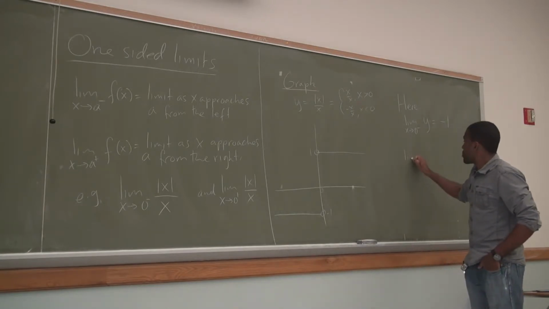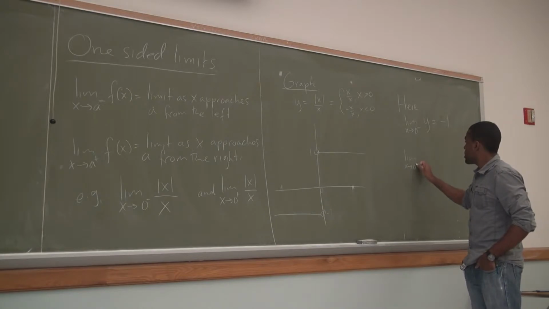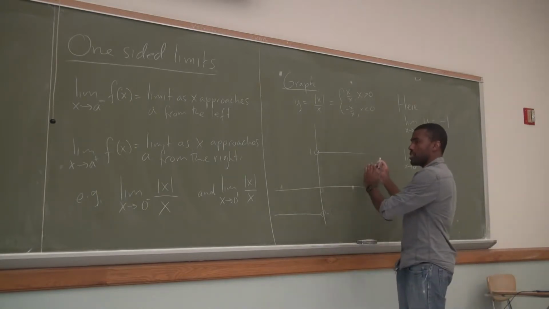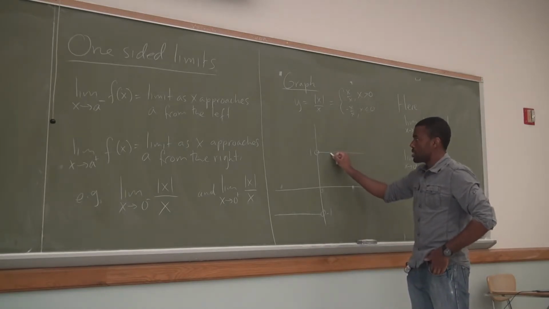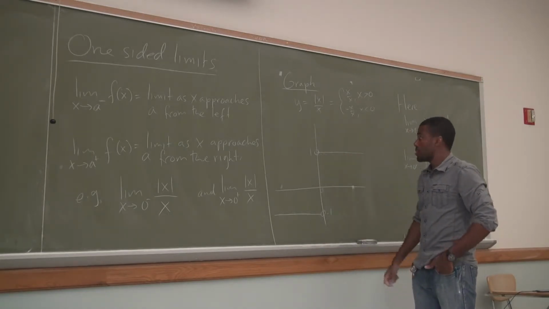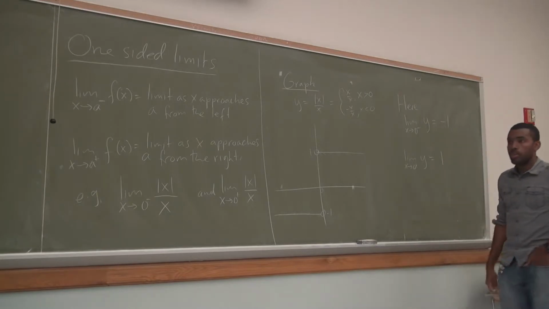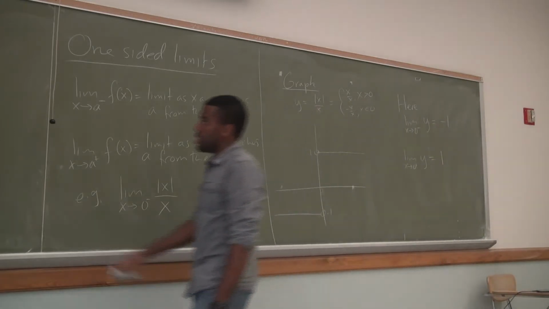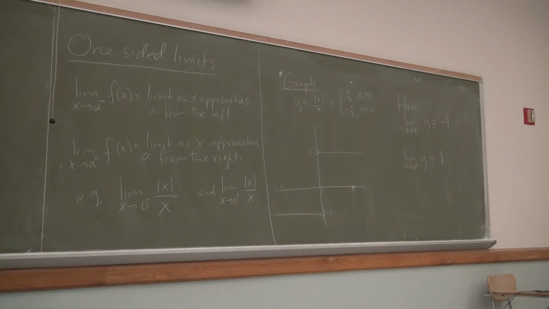However, if I approach it from the right, it means I'm on the curve, but I'm on the right side of 0. If I'm approaching 0 from this direction, I get +1. So here's a question for you.